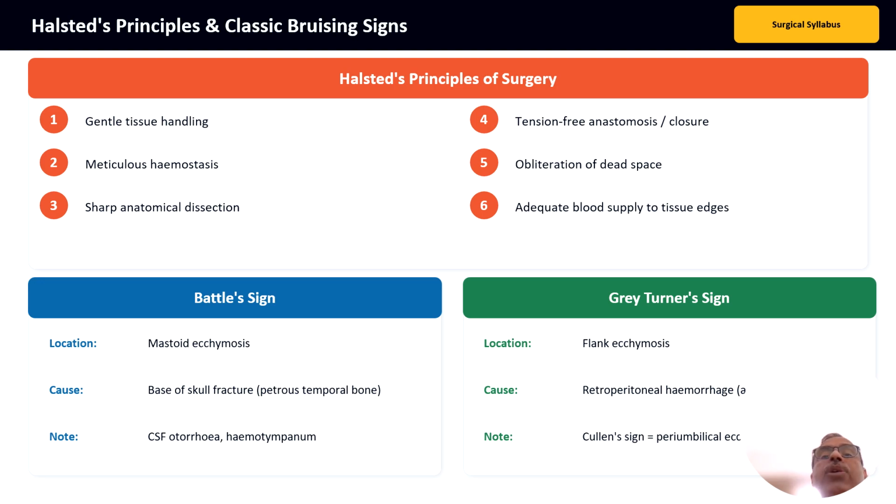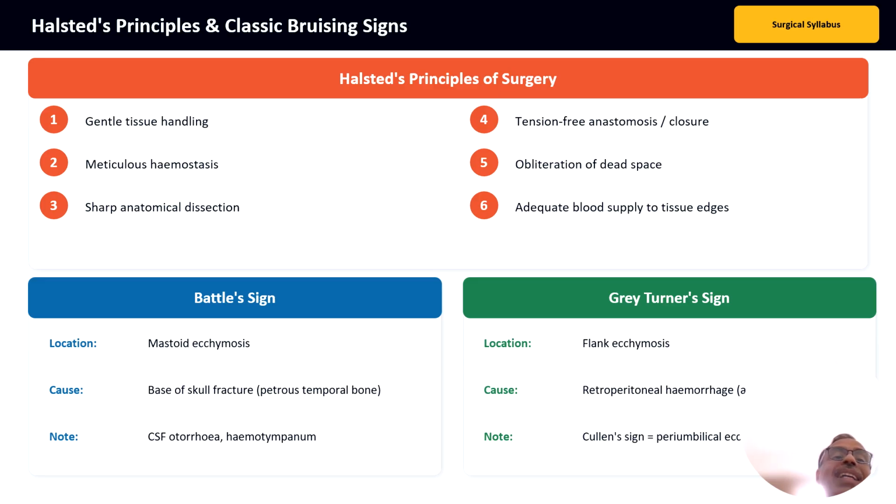Adequate blood supply should be available to the tissue edges, and that means that the suture line or the tissue would heal faster. Okay, so these are the 6 principles which are classically Halstead's principles of surgery, which should be followed by every surgeon for a better outcome.